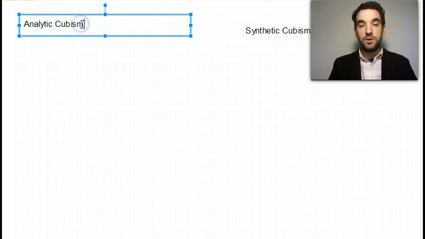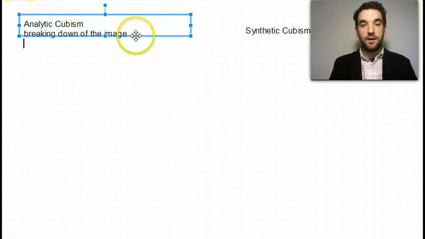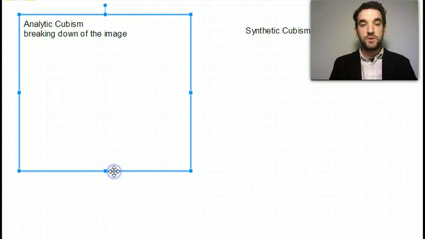Analytic Cubism involved the breaking down of the image, and the flattening out of the palette.